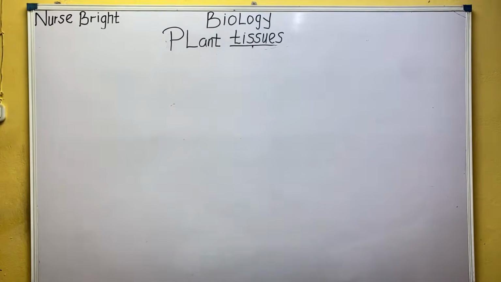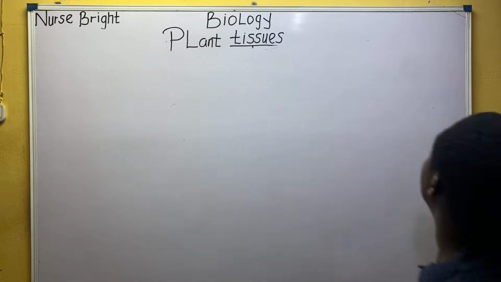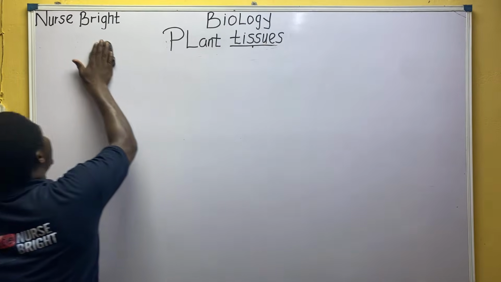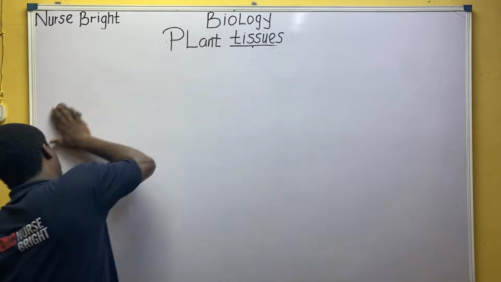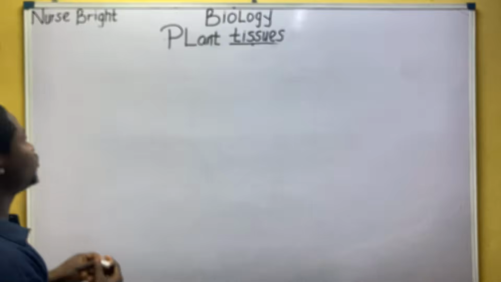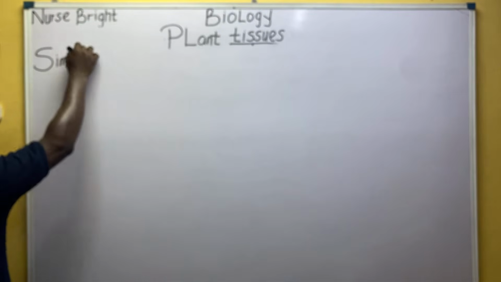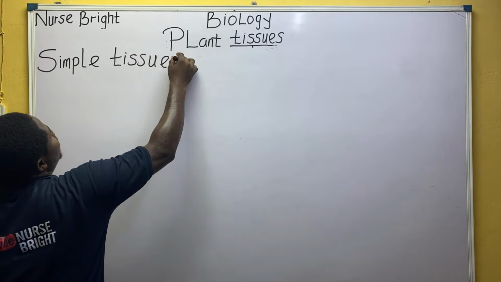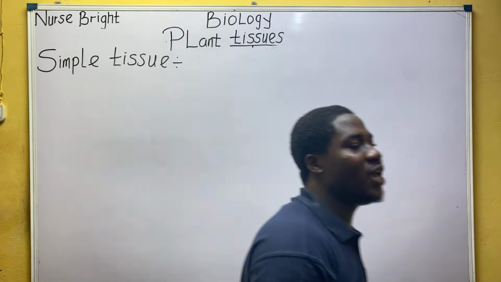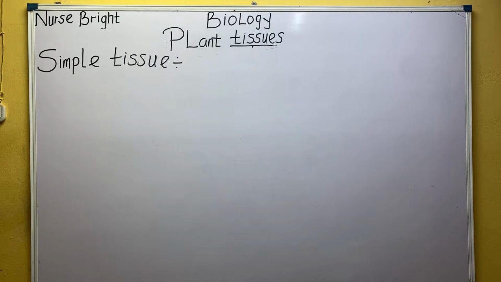So the question you asked me, what are these simple tissues in a plant? Remember, simple tissues and complex tissues came from permanent tissues in plants. So what are these simple permanent tissues? For you to be simple means that you are not complex. Simple tissues are plant tissues that are made up of one cell.